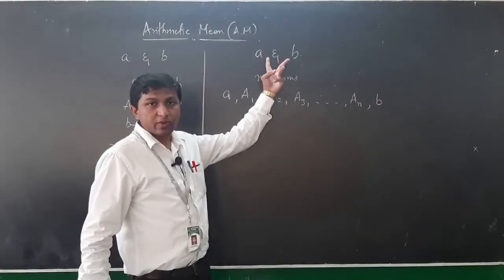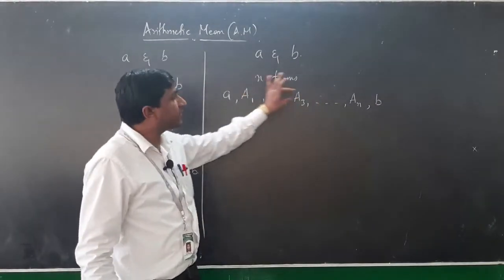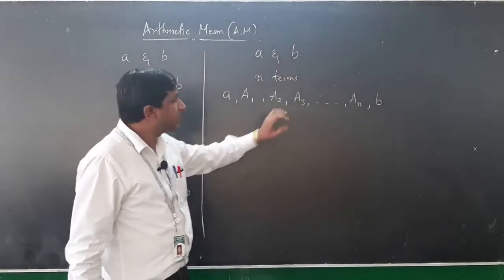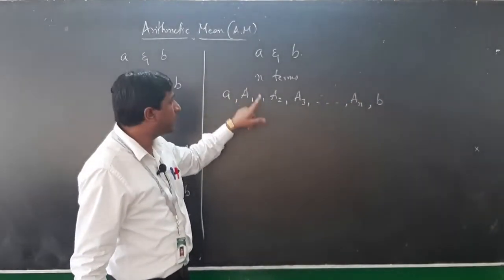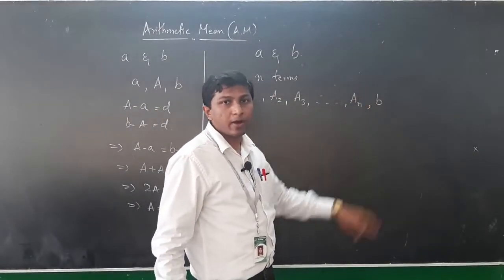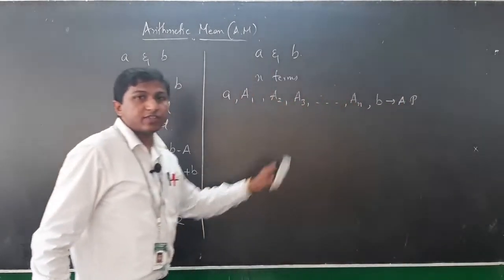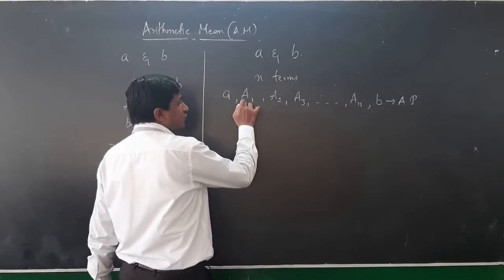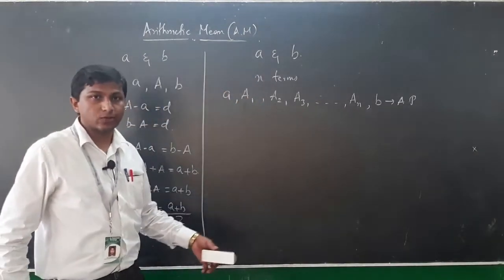These two numbers were given to us, and we inserted n numbers in between a and b, such that this sequence a, A1, A2, A3, and so on, AN, b is an AP. If this is an AP, how do we find the values of A1, A2, A3 up to AN? That is the question.